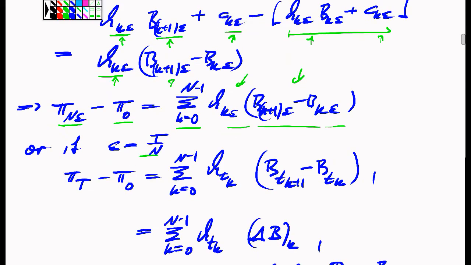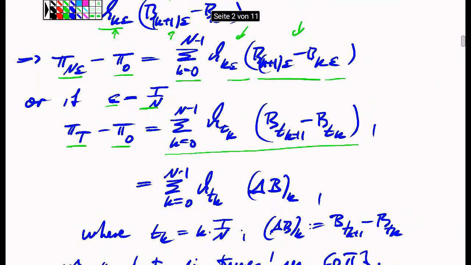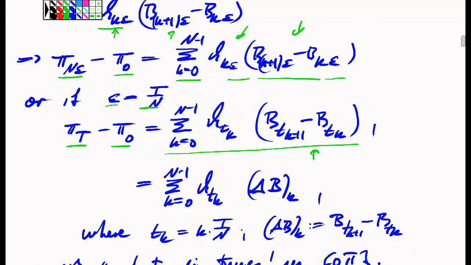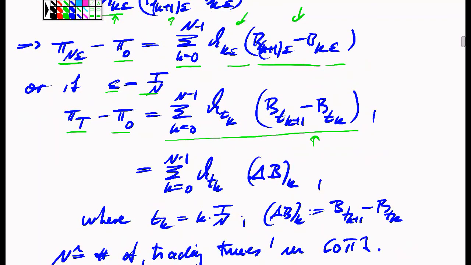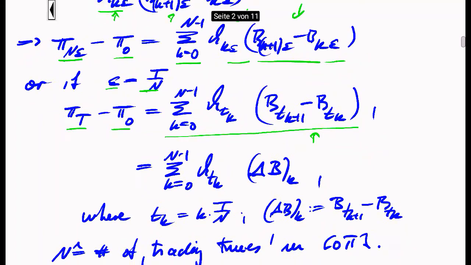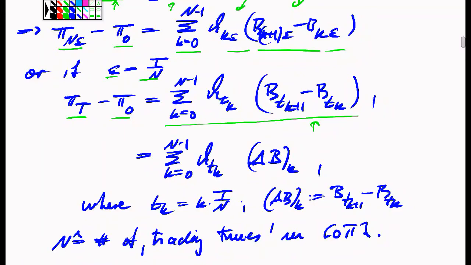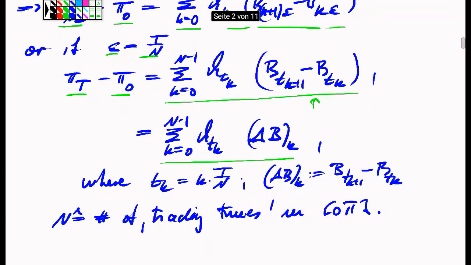And if we write this in a slightly different fashion, namely we write epsilon as the fraction of a certain terminal time T over n, where n denotes the number of steps, we can equivalently write this as this finite sum, where on the right-hand side we just have rewritten this difference of the b values in terms of the corresponding time points t_{k+1} and t_k, where the time points are enumerated according to this grid with step size epsilon, which we then also write, in a slightly more intuitive fashion, as a finite sum of theta values times the increment values.